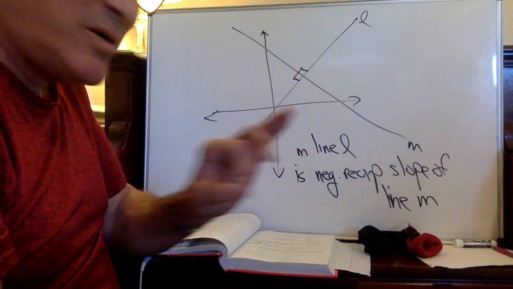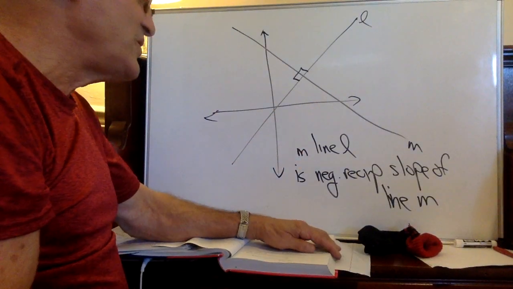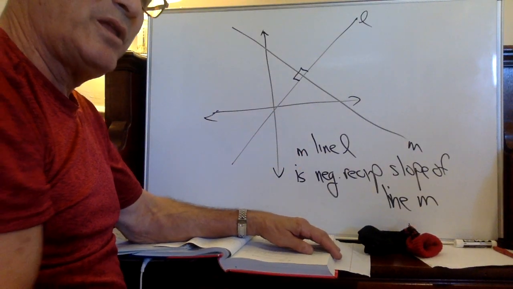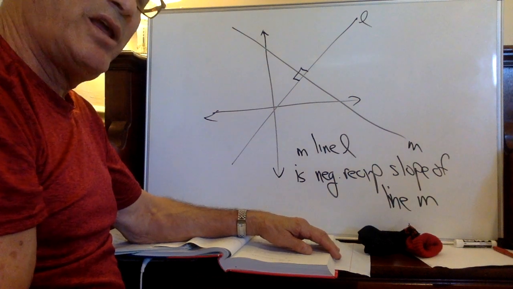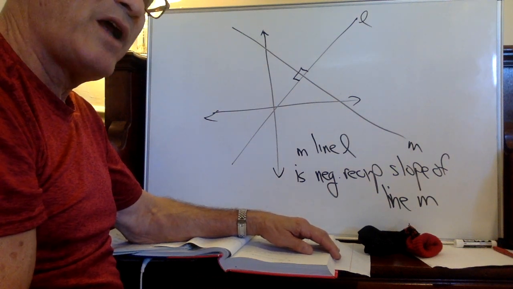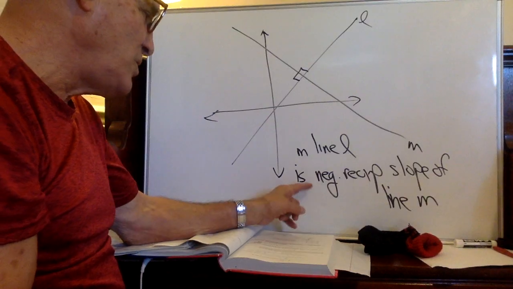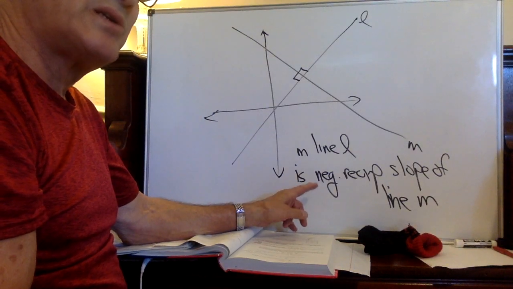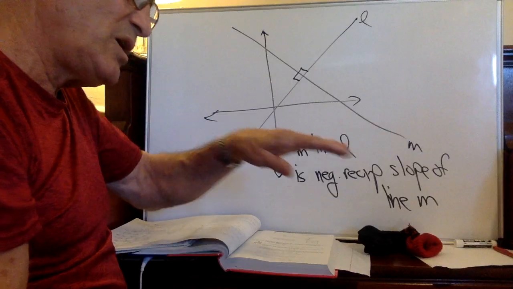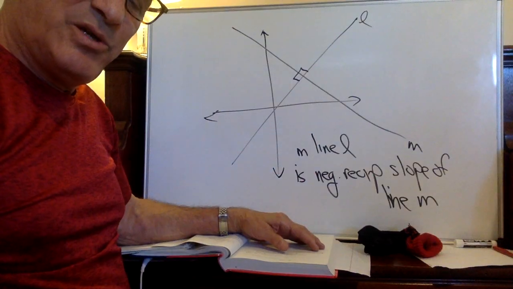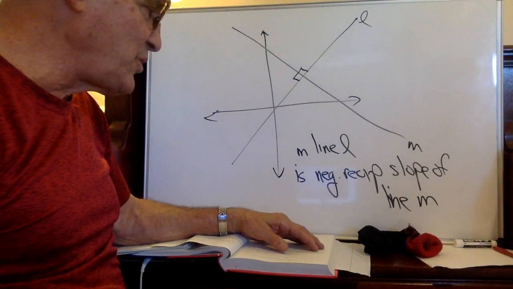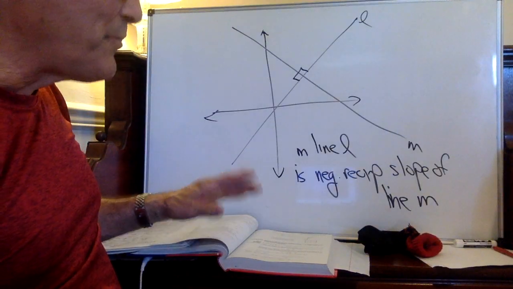The change is 0, which means you would have 0 in the denominator of the slope formula, and you cannot have 0 in the denominator of any fraction. It's undefined. So this is true for all lines except vertical and horizontal. They are perpendicular, but their slopes are not negative reciprocals because we don't talk about the negative reciprocal of 0.